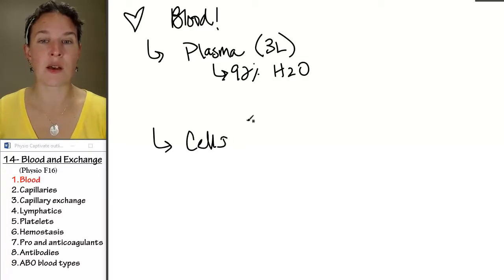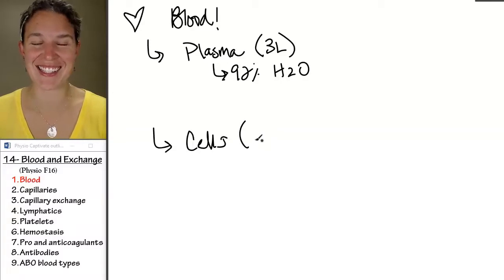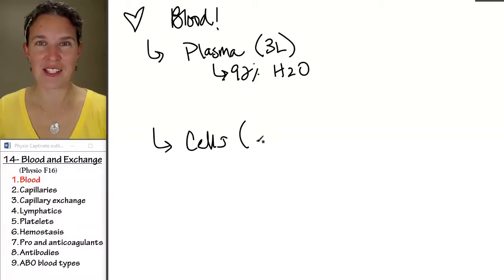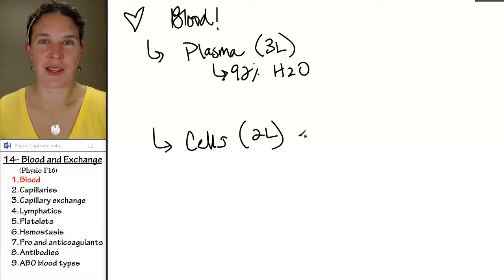So a 160 kilogram dude has 5 liters of blood. Yeah, or a 160 kilometer dude. He probably has 5 liters of blood too.